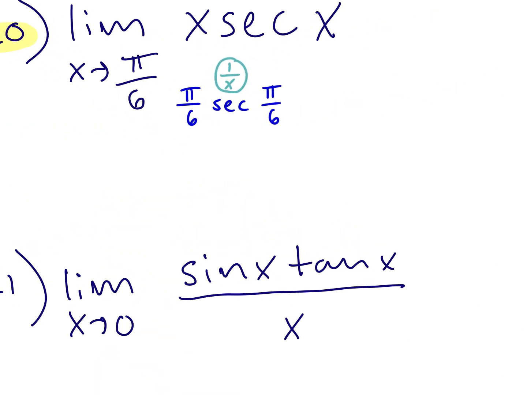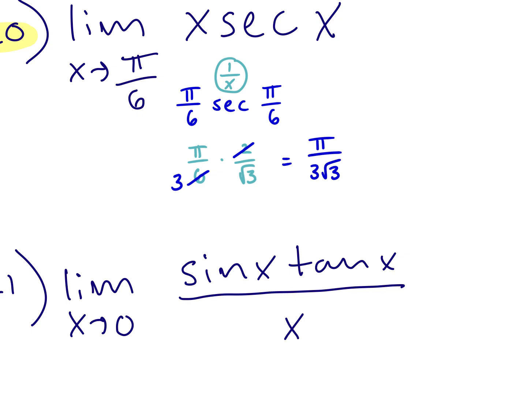So secant of pi over 6 is 2 over square root 3 times pi over 6. We can simplify here. 2 goes into 6 3 times. So we get pi over 3 square root 3.